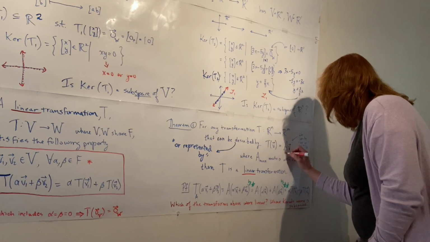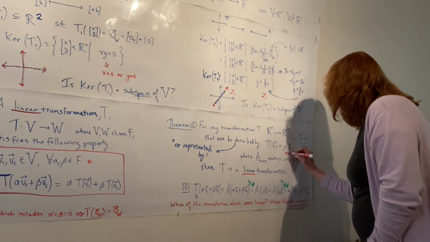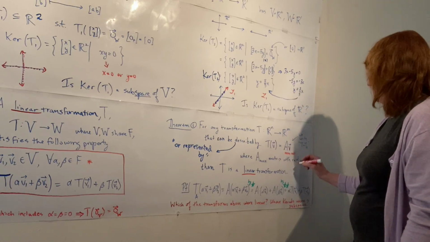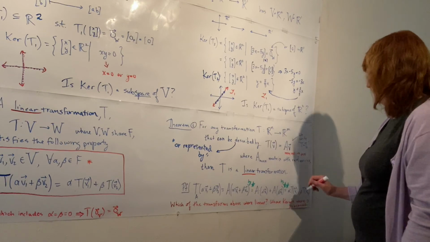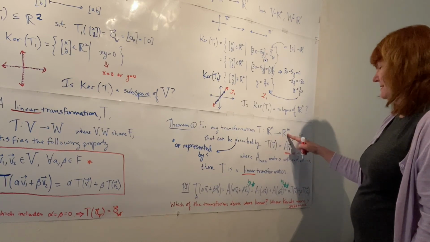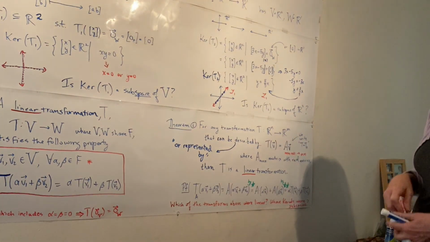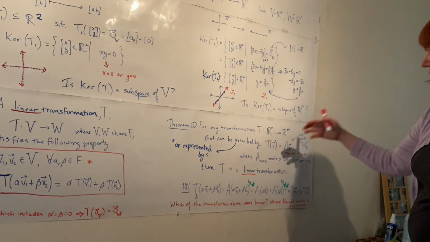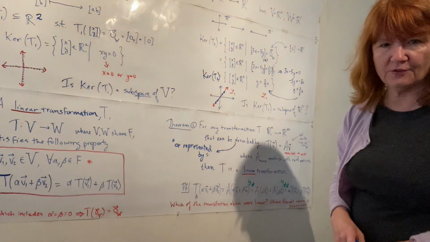So this one is m by n, and this one is n by 1. Then the product of those two is an m by 1 matrix, right? And so it's a vector in Rm. Any transformation that you can represent in that way is definitely going to be a linear transformation.